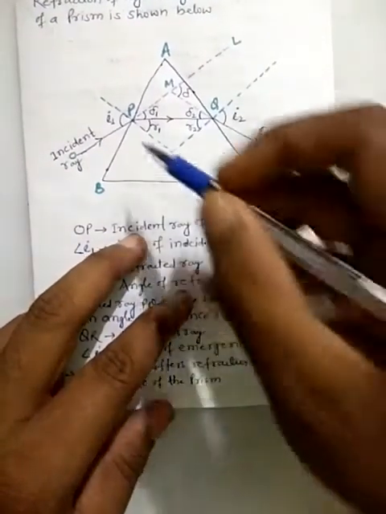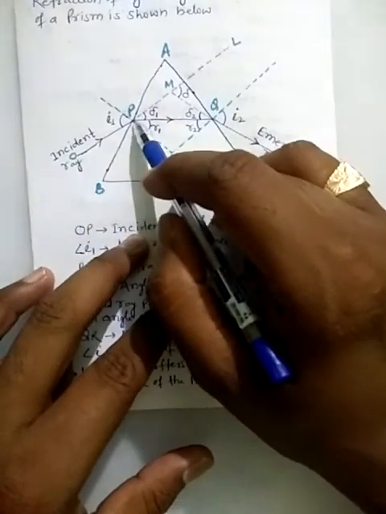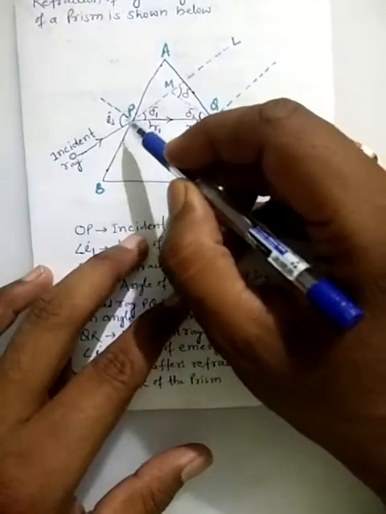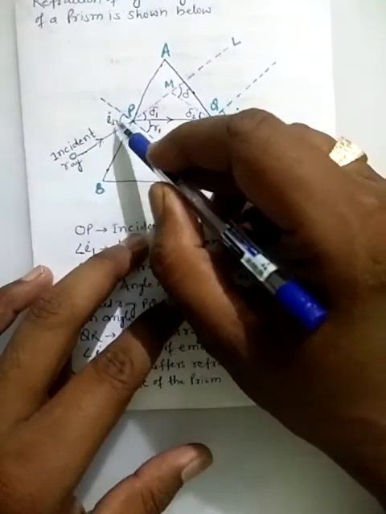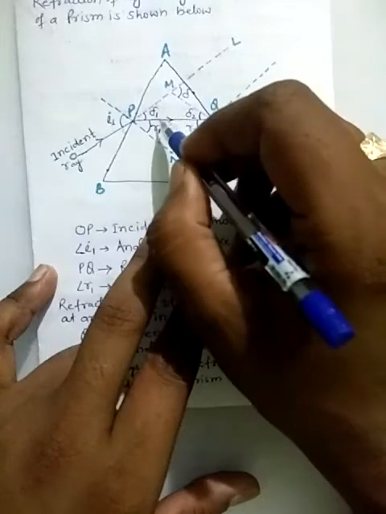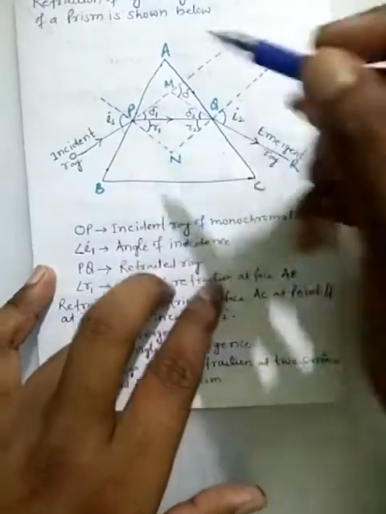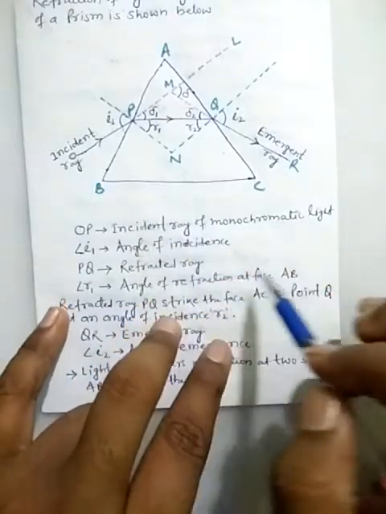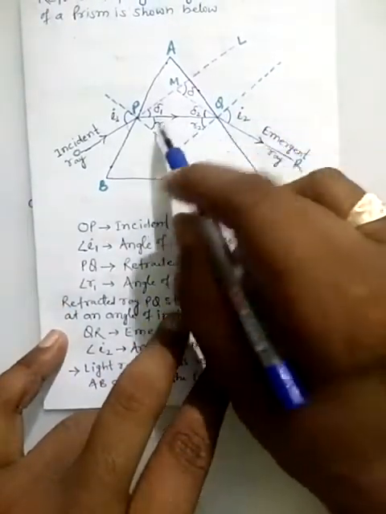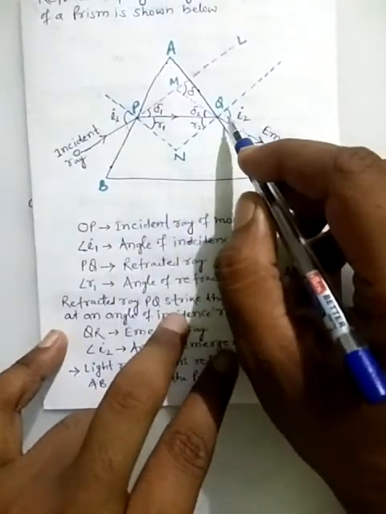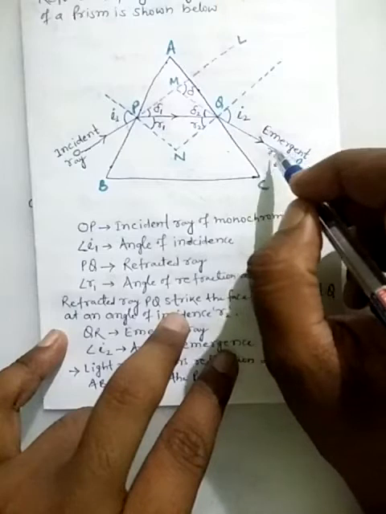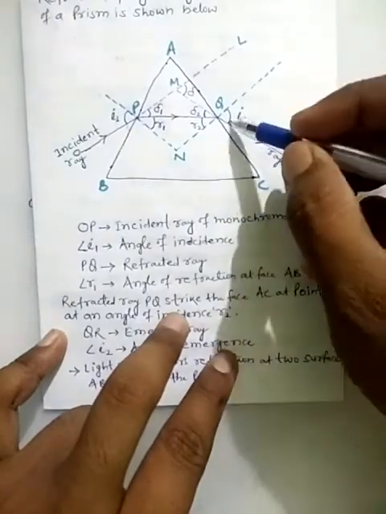In this diagram we have seen that OP is the incident ray, PQ is the refracted ray, and QR is the emergent ray. Here I1 is the incident angle, and this incident ray is refracted at an angle R1. Here R1 is the angle of refraction at face AB. Again PQ is the refracted ray, and at point Q it is again refracted and emerges as QR.